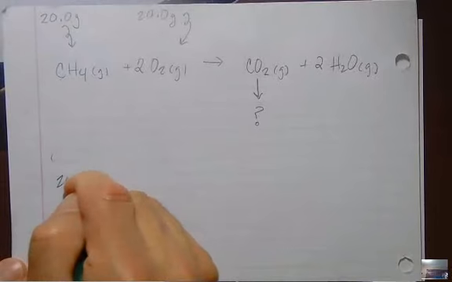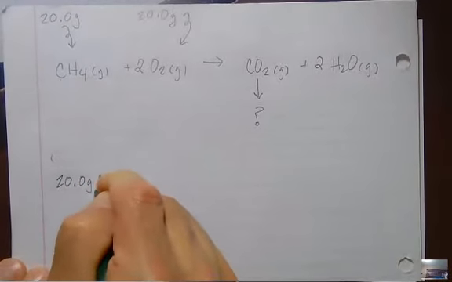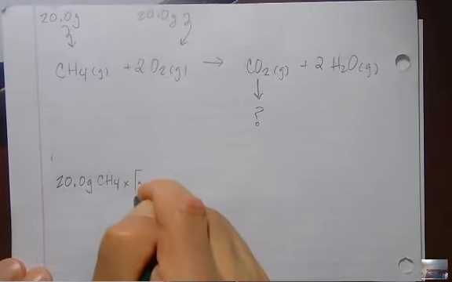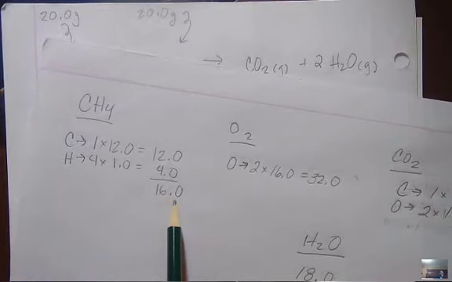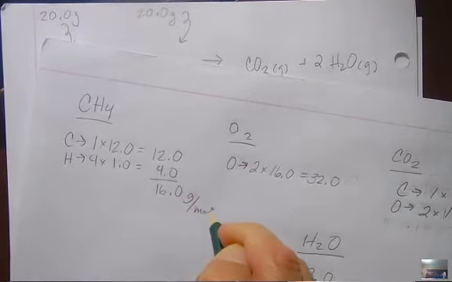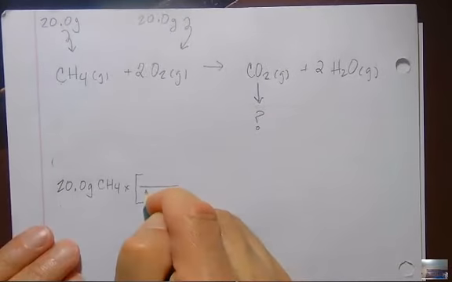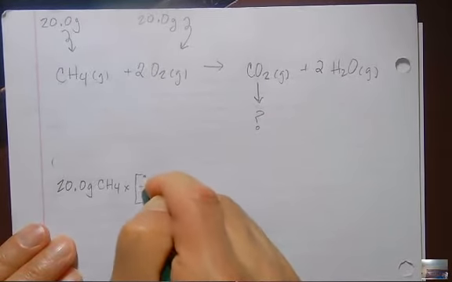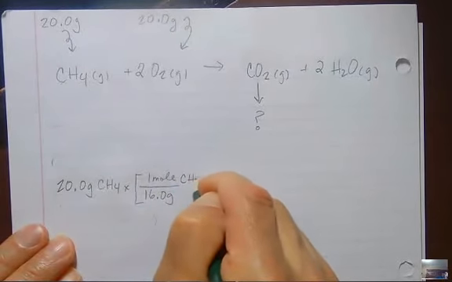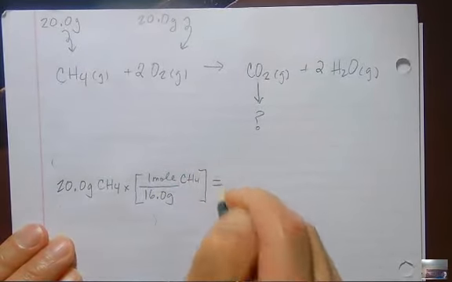So I start with my 20.0 grams of CH4. I want to change it to moles, so I grab my molar mass. The magic number for methane is 16 grams for every mole, so that goes in the denominator there: 16 grams for every 1 mole. This is going to give me the moles of methane.